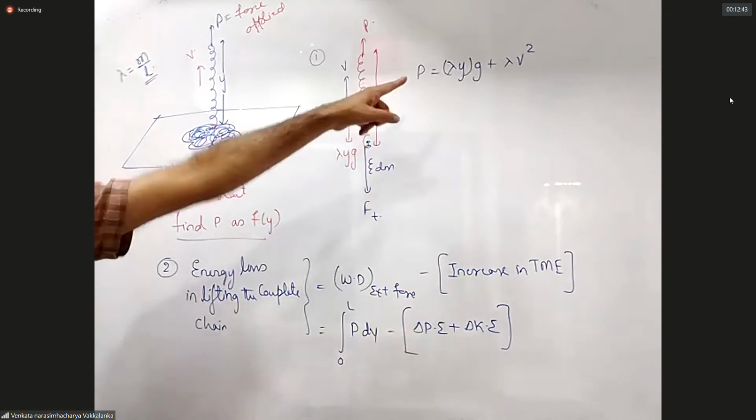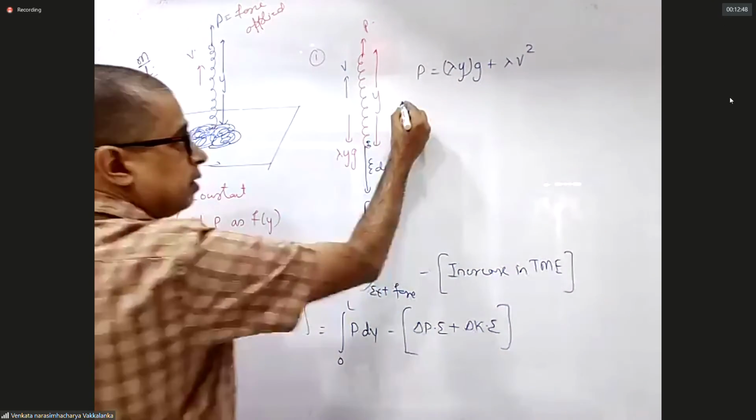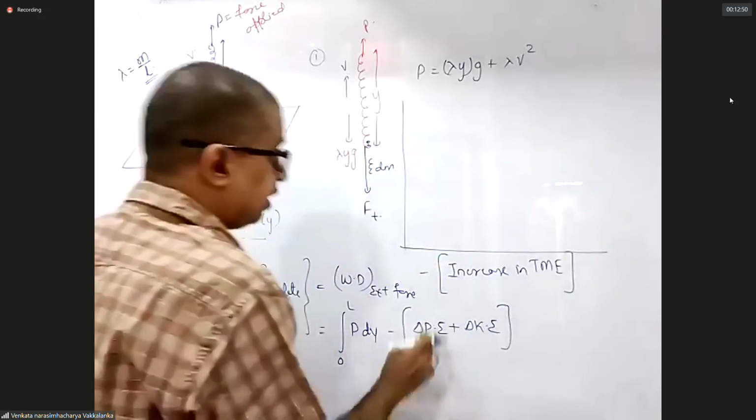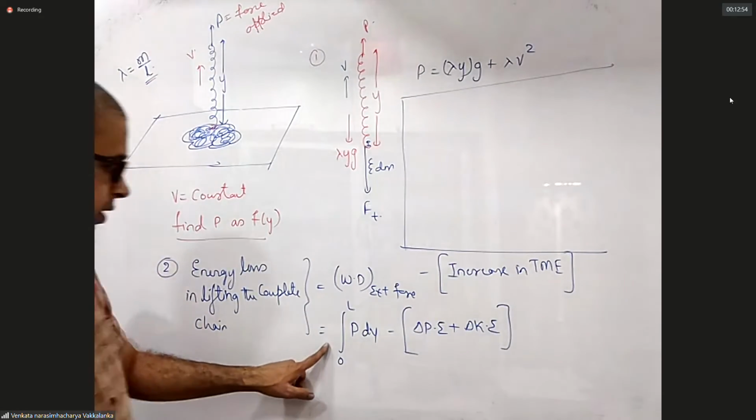Now P, I calculate from here. I'm running short of space here, so I'll write here. Continuation of this is in this box. Right?